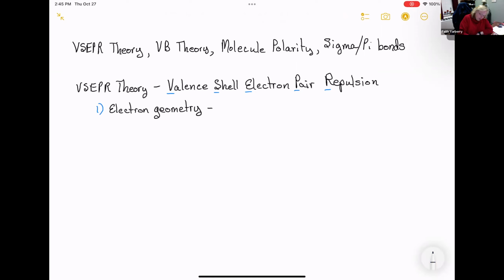The electron geometry is the geometry that is based on all the valence electrons on the central atom.